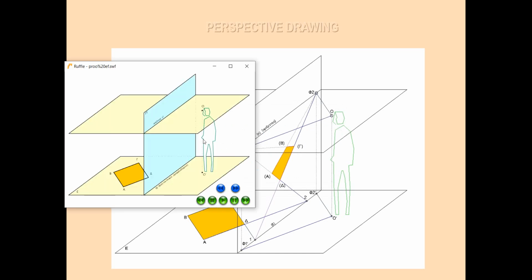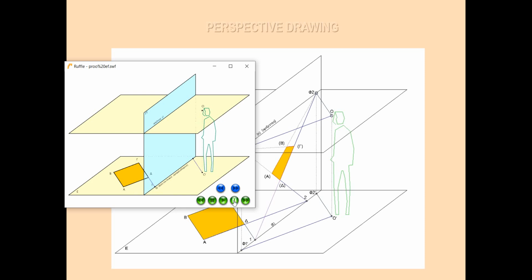So here we have the same observer that looks at the same square. We have the horizon line and the baseline of the perspective plane. First of all, we extend this side of the square and we find point 1 on the baseline. Instead of drawing the parallel line from point O, we're going to draw it from the projection of point O on the ground floor.